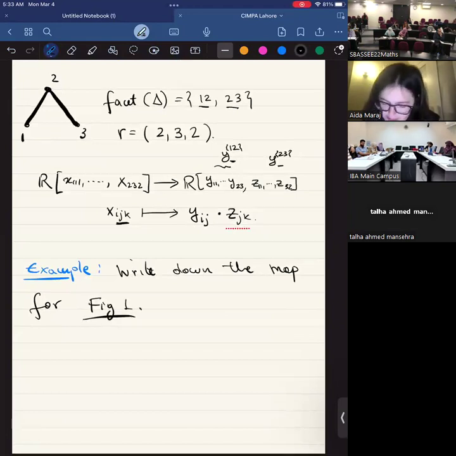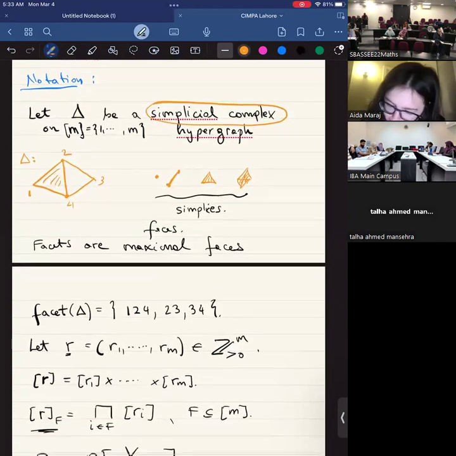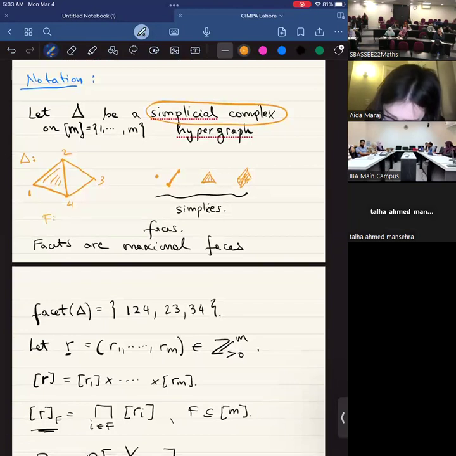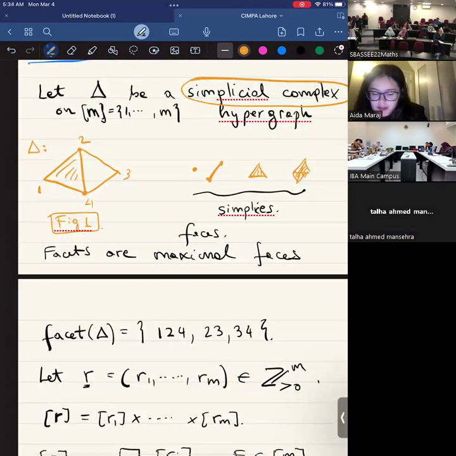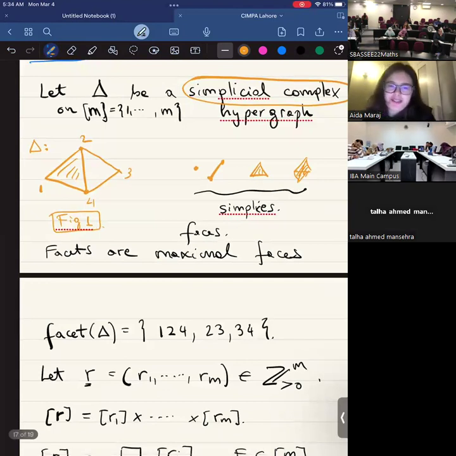Figure 1 is this one here. So write down the map for this one, and so we can see if we understood the definition or not.